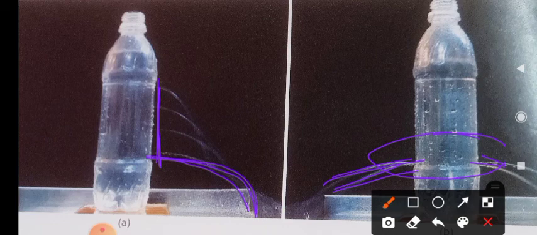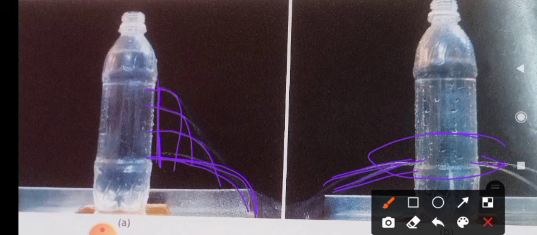The next level has less pressure compared to the first one, and similarly the pressure gradually decreases. This proves that liquid exerts pressure equally in all directions.